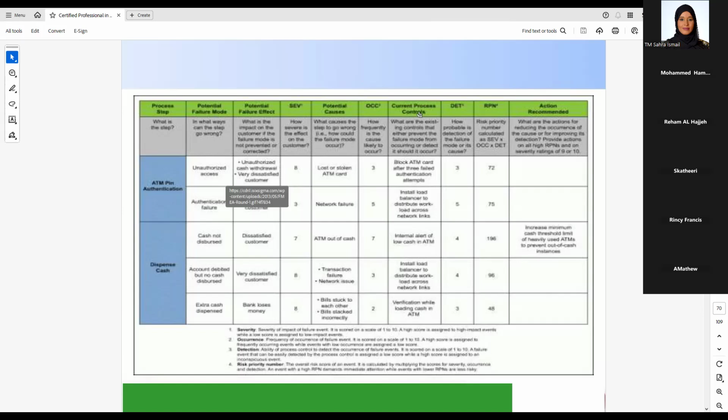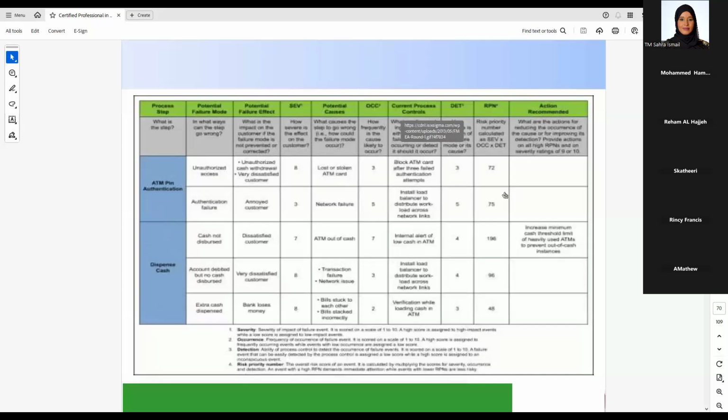And then you look at the potential causes and how often they can happen. So what's the occurrence possibility for it? And then you look at the controls. Do you have a control? Will you be able to detect if these things happen? And you score the detectability of that process. And based on it, you have your risk priority number.